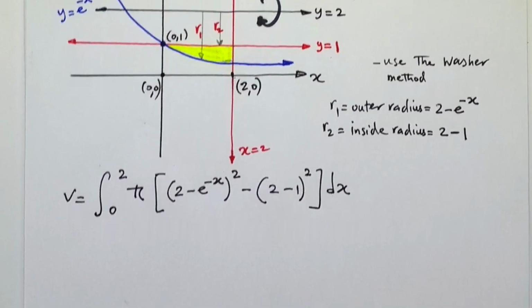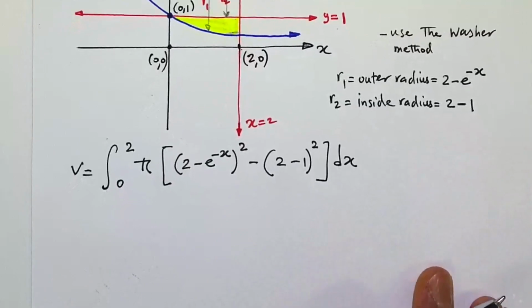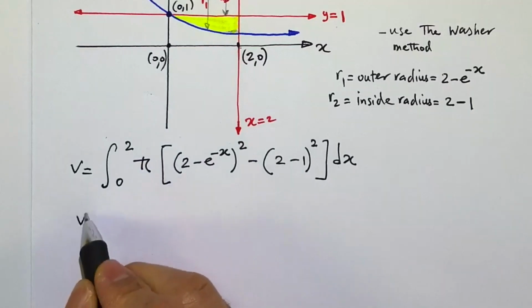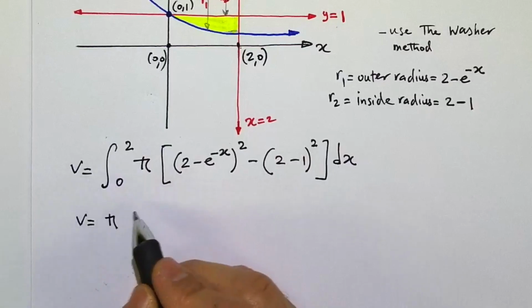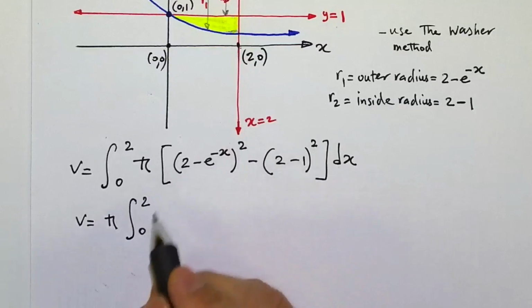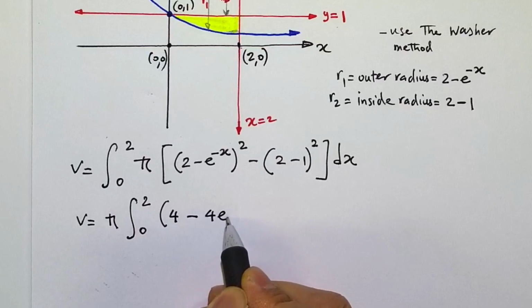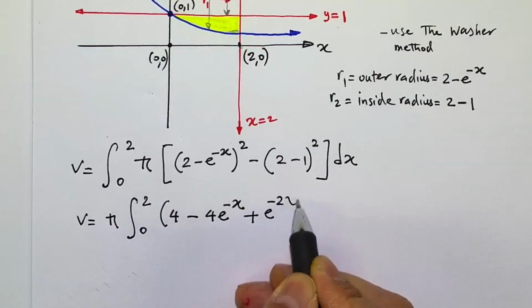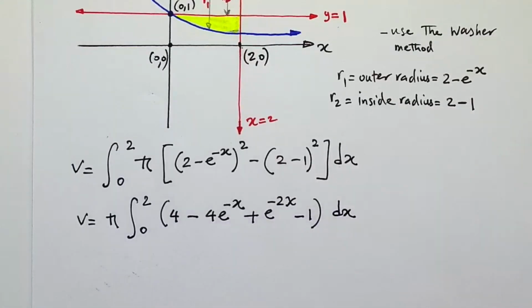So let's expand and simplify these terms, and hopefully if you paused the video and did this work before me, our answers agree. This is what I got. Putting the pi in front, from 0 to 2, I expanded this, combined the like terms, and got 4 minus 4 times e to the minus x plus e to the minus 2x power minus 1 dx.